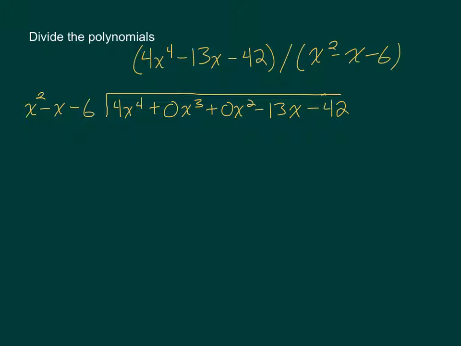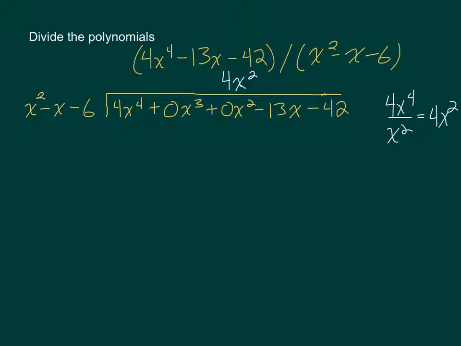What we do is exactly the same thing we did with our previous example. We take the first term of the dividend and divide it by the first term of the divisor. So we have 4x to the fourth over x squared, which gives 4x squared. And then we line it up right over the x squared column of the dividend.